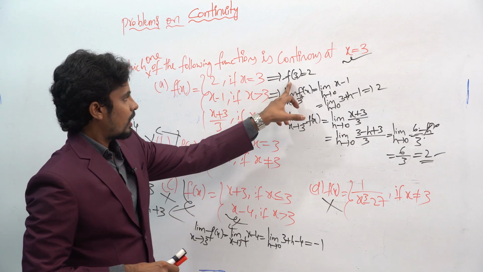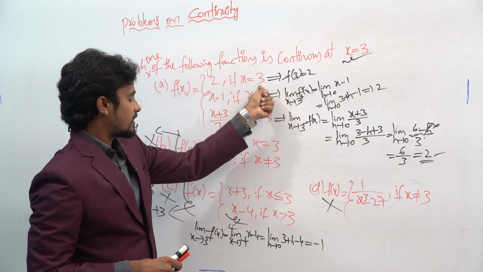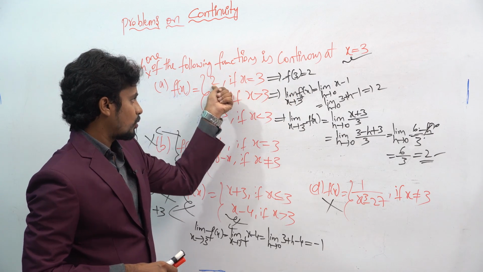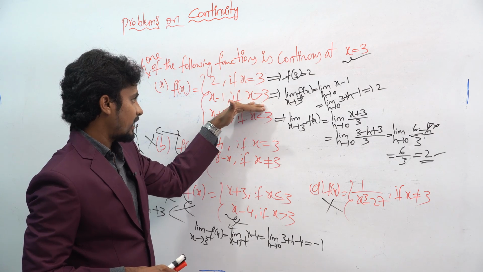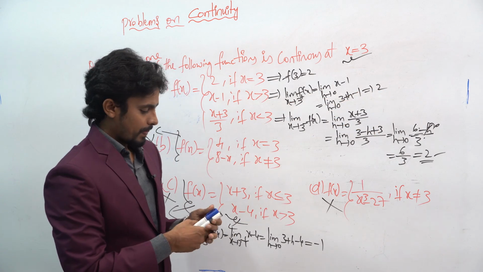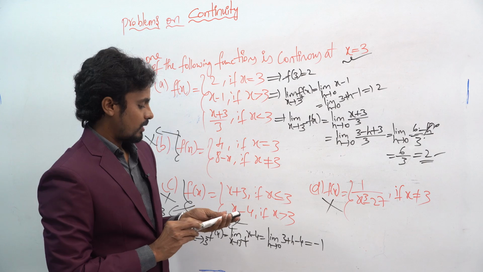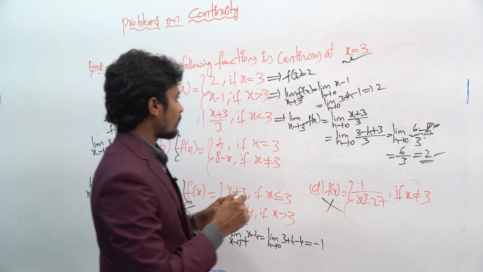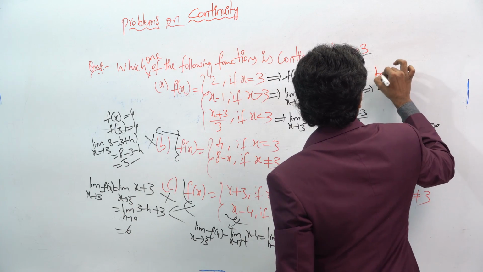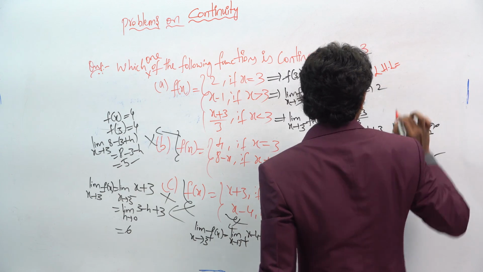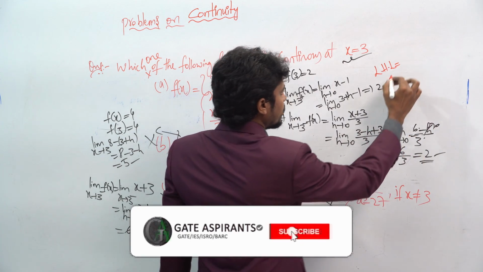Here you can see at x equal to 3, you will get 2. If you take the right hand limit, you will get 2. Here you can observe the left hand limit, how much will you get? Left hand limit you will get 2.